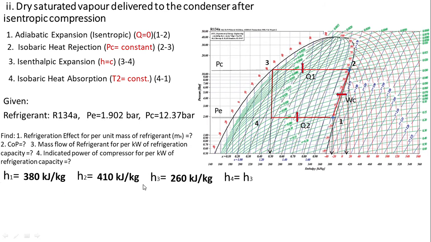Now see these 4 H values. If you know them, then whatever the asked conditions are, you can solve it easily now. Okay, so refrigeration effect, let us go to that.